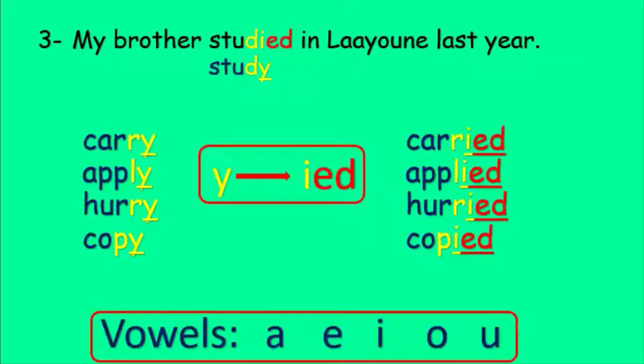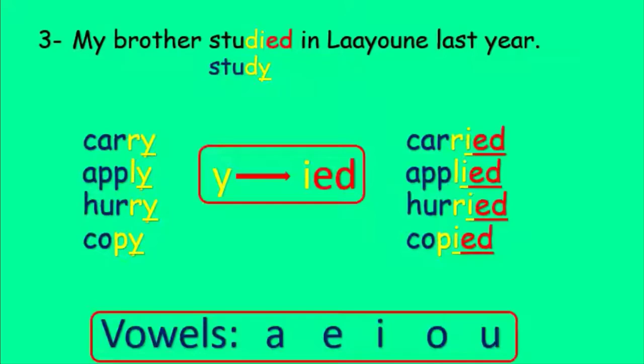So, as you can see, the verb has y at the end, but there is no vowel before y. There is no a, there is no e, there is no i, there is no o, there is no u. In this case, we change the y to i and we add ed. For example, carry, carried.